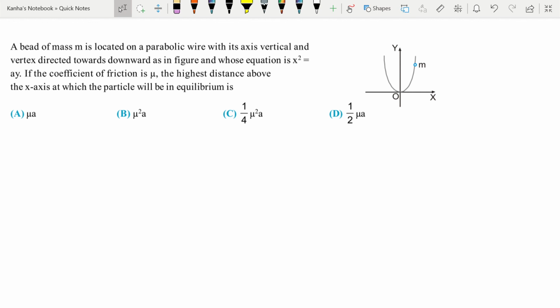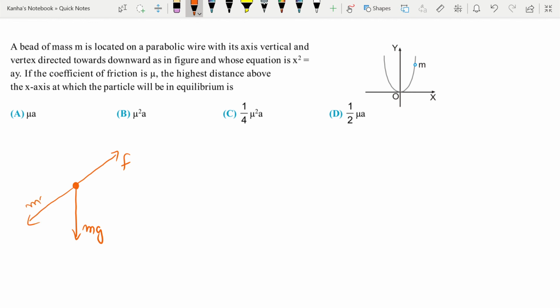So how do you approach this question? First of all, let's make the free body diagram of this particle at the highest position. What forces are acting on it? There is the non-contact force mg, and then there is a frictional force on it. The frictional force will be along the tangent.